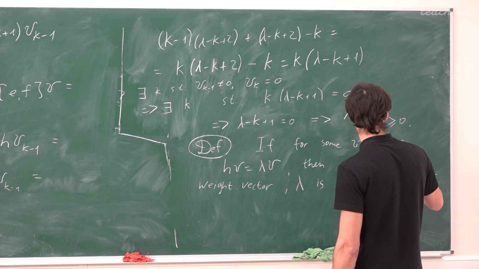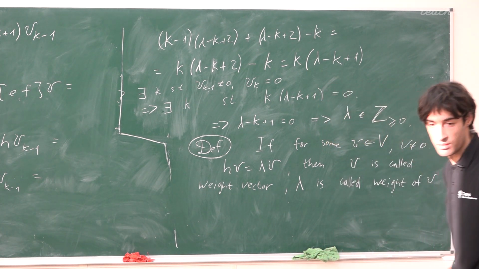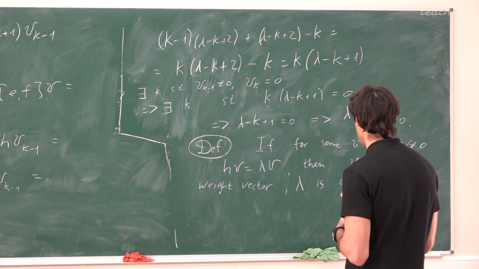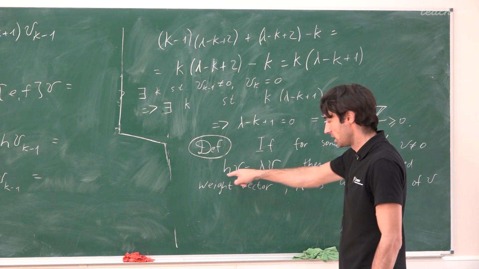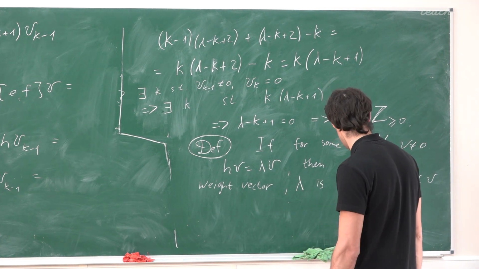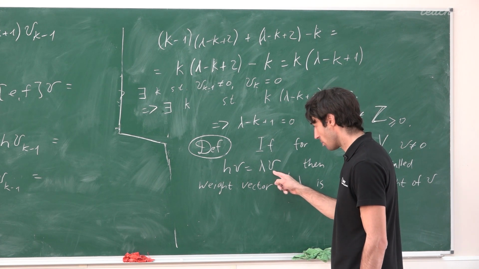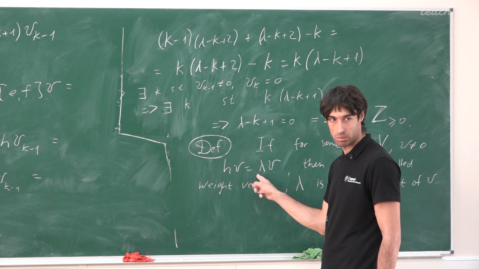Of course, v is not 0. h makes sense only for sl2 for us now. So weight is an eigenvalue of h, and v is a weight vector of weight lambda. That's the terminology.